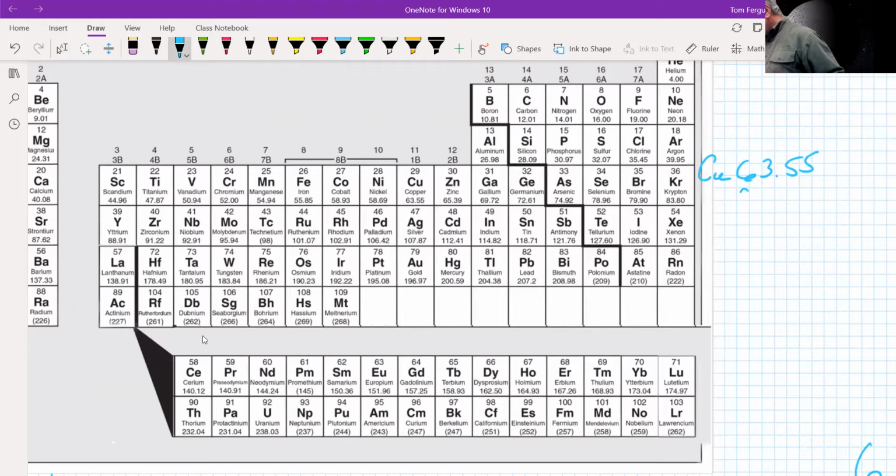Sulfur is 32.07. Oxygen is 16, so that's 16 times 4, or 64. Water is 18.02, and we have 8 of them. So what is that?